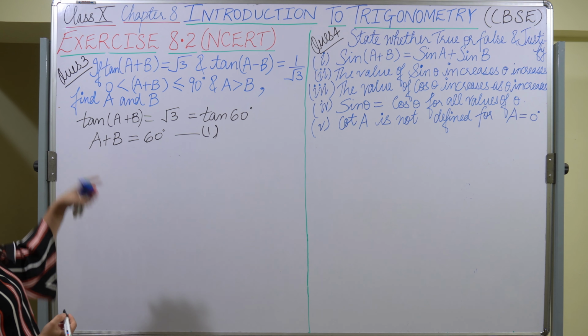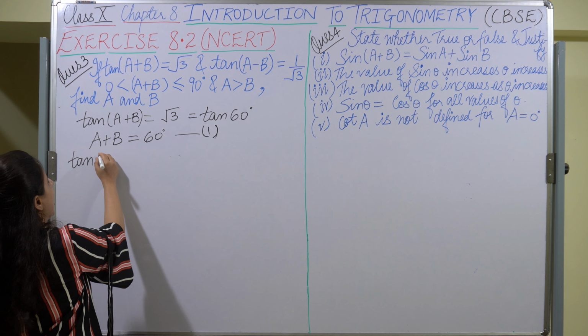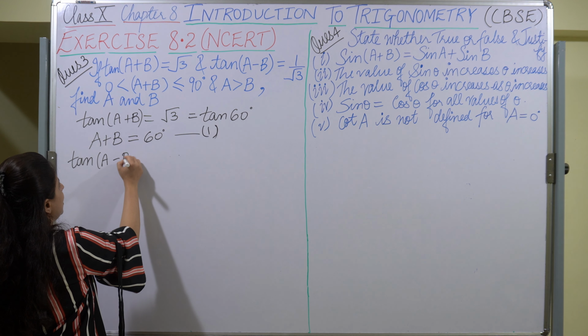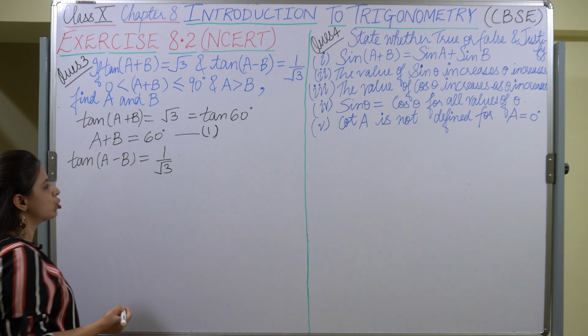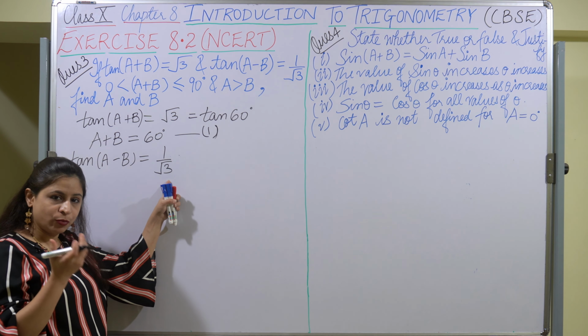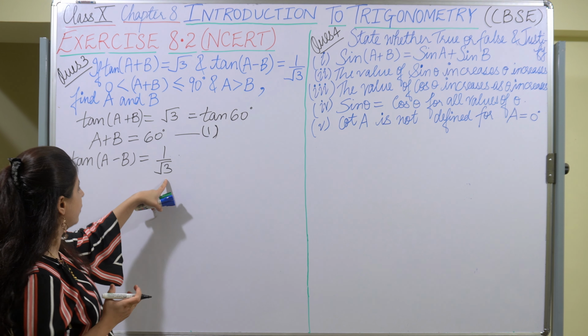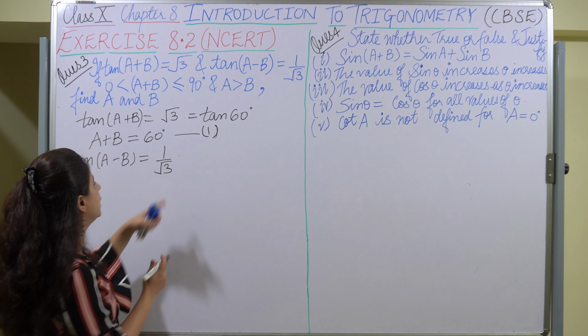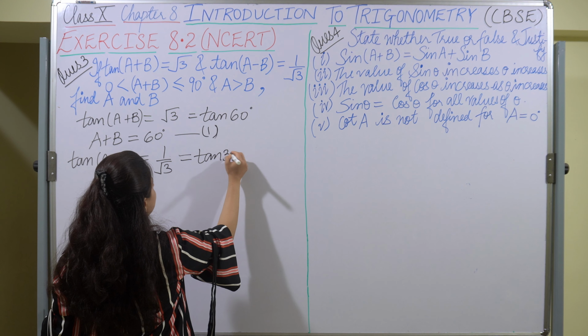Now the second condition being given to us is that tan(A - B) is equal to 1 upon root 3. From the table you can find out, as we have derived all the trigonometric ratios, that 1 upon root 3 is the value of tan 30 degrees.